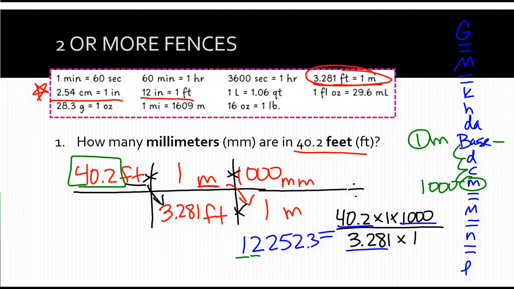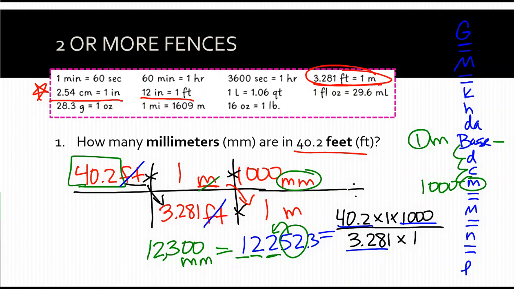So I keep the 1, keep the 2. What do I do to the second 2? That goes up, right? Now, what about these two place values? Those get filler zeros. So it's 12,300 millimeters. You can always check it by making sure the units cancel. Feet cancel with feet.